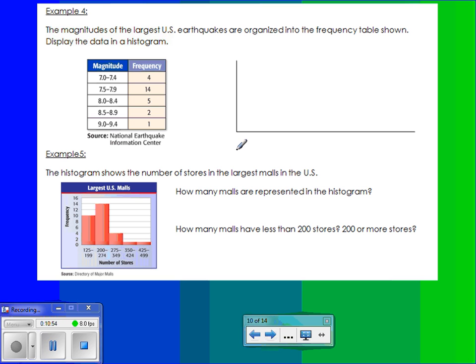So on this histogram here, I want you to go ahead and write in your intervals, 7.0 to 7.4, and then move over a little bit. Notice that it picks up right with 7.5 as if we were counting. And 7.9 ends and 8.0 picks up the next one. And the intervals are all the same. There's 5 numbers in every interval.